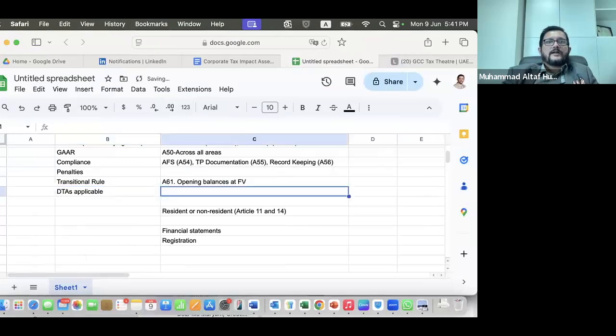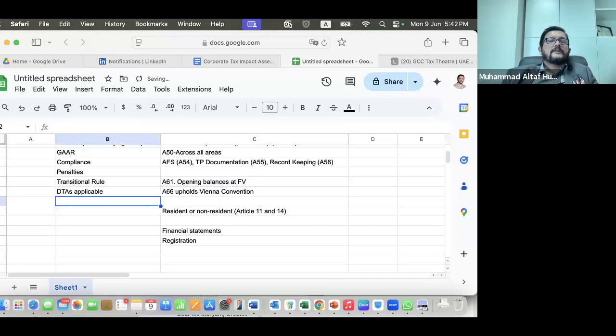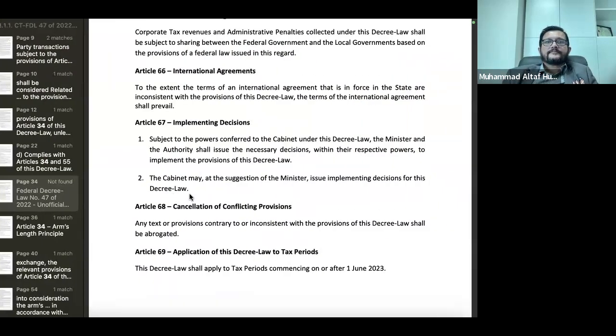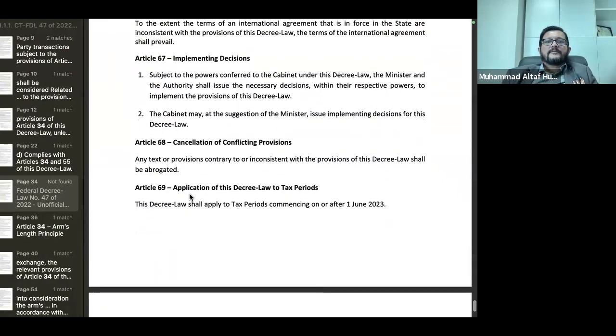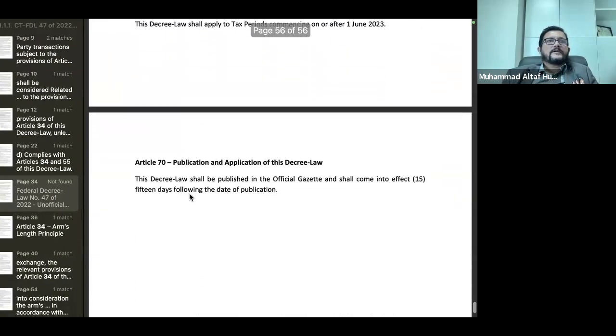So here Article 66 upholds the Vienna Convention. This is the requirement of the Vienna Convention, that if there is an international agreement, it would prevail over domestic law. Application of decree law period, and that's it. So that's about it.